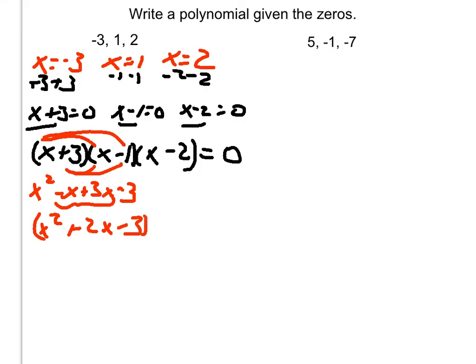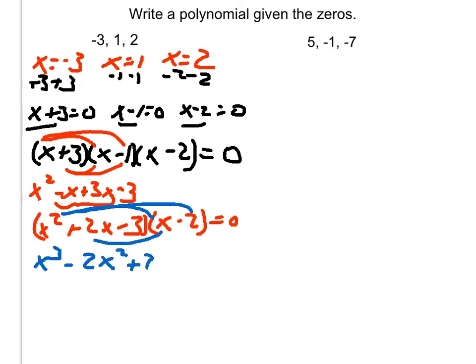And now we can FOIL in that third term. So it's a little bit bigger FOIL this time. So x squared times x would be x cubed minus 2x squared plus 2x squared minus 4x minus 3x plus 6.